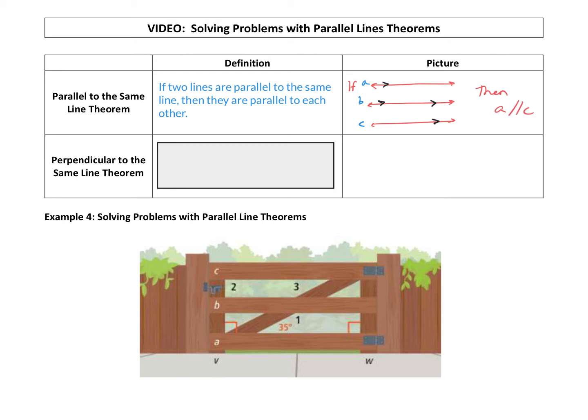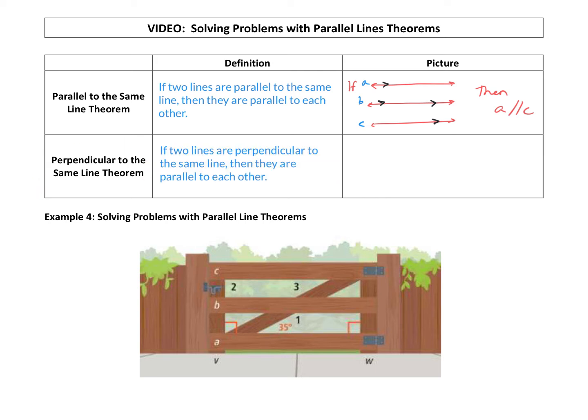All right, our next theorem, perpendicular to the same line theorem. If two lines are perpendicular to the same line, then they are parallel to each other. So what might that look like?